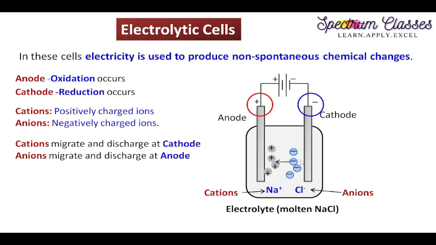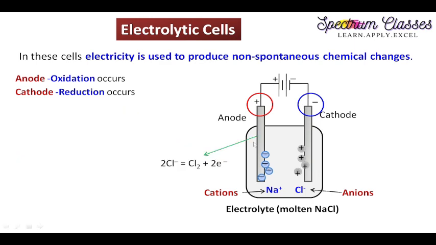So the anion migrates towards the anode and the cation migrates towards the cathode. Here you can see the reaction which occurs on the anode is written over here.